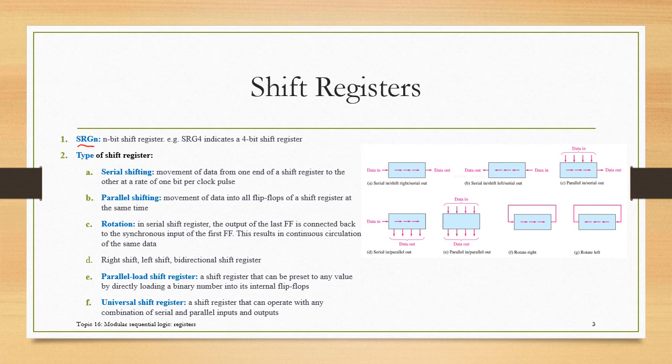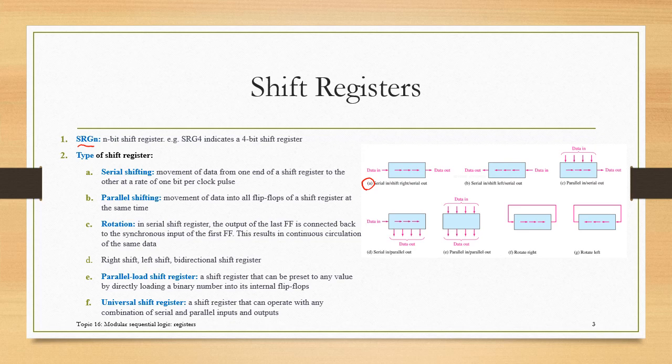Depending on how the data is moved and the input and output, we have different types of shift registers. The most basic type is serial shifting, like graph A here, which means we can only input 1 bit of data at a time and also output 1 bit of data at a time. That's called serial in and serial out.